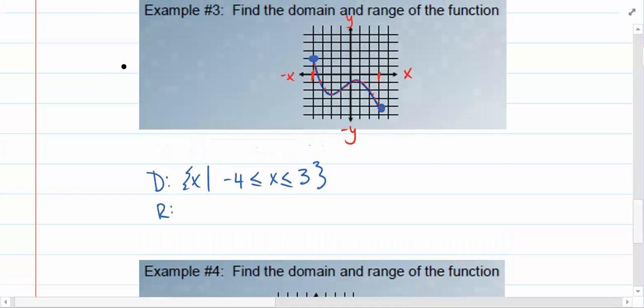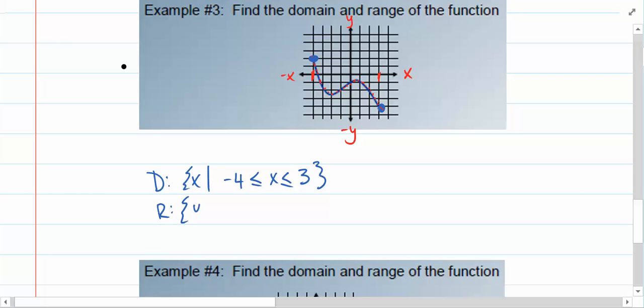For our range, the smallest y value that we can include in this group of ordered pairs comes right here, and that's 1, 2, 3, 4 units down. And the largest y value comes from the coordinate that would be over here, and that's 1, 2 units up from the origin.